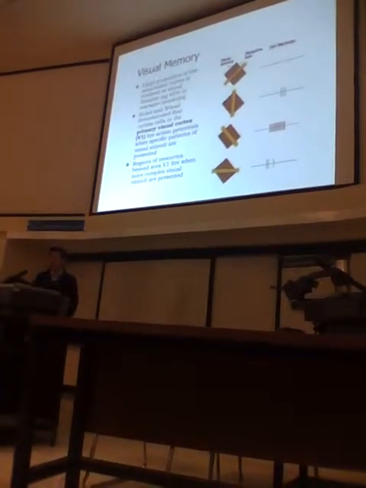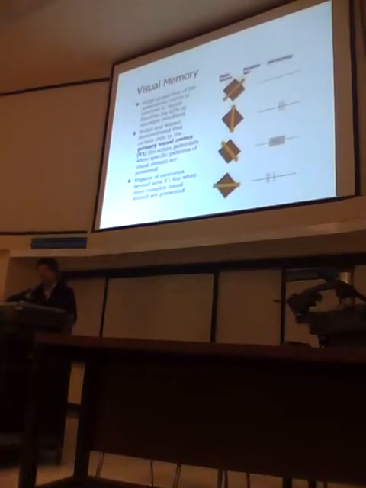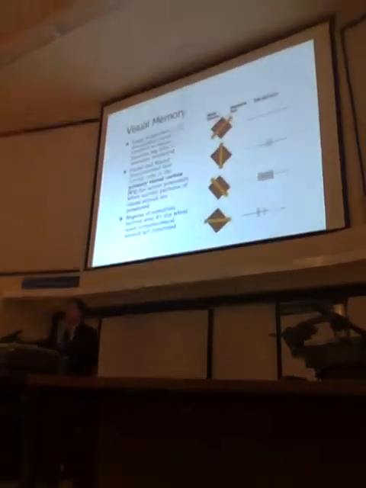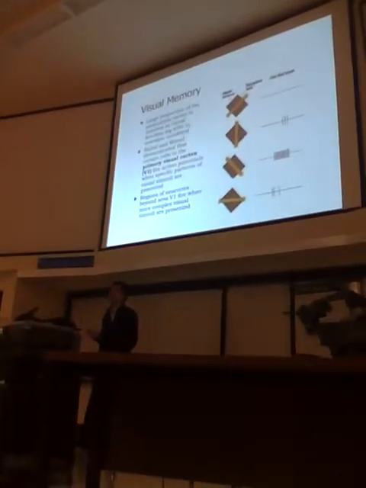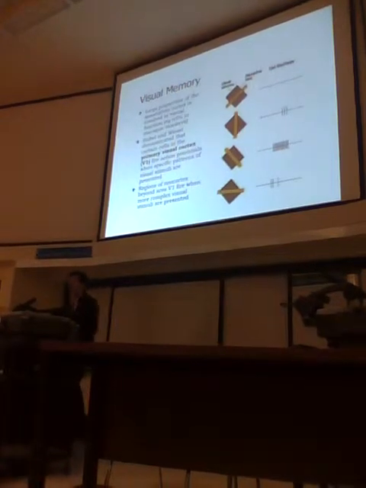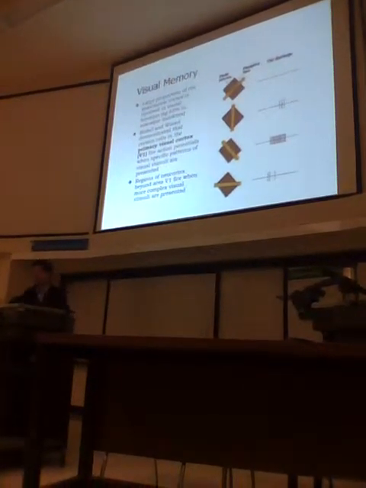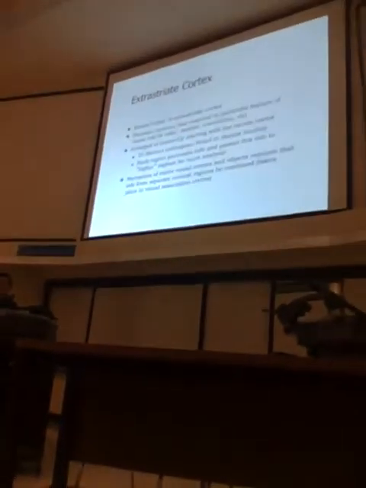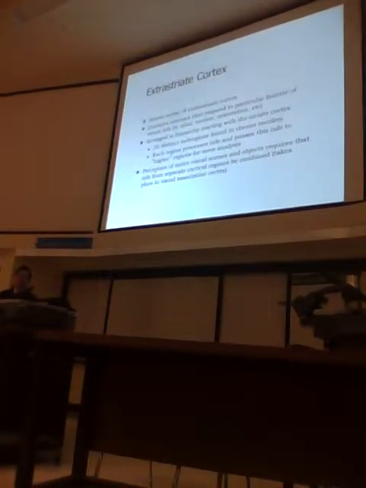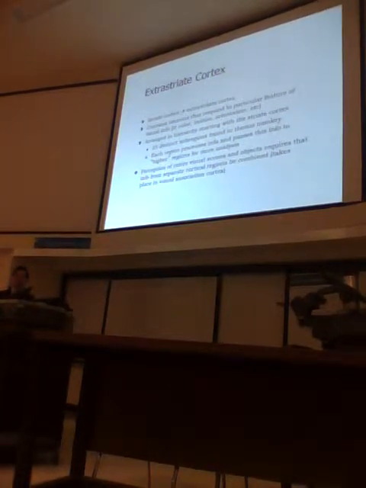But outside of V1, you have visual areas with more complex requirements, more complex receptive fields. And these areas are called collectively extrastriate cortex, outside of the striate cortex, which is V1.